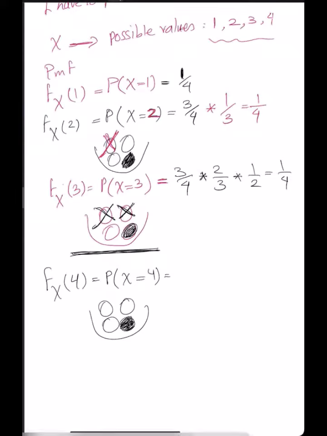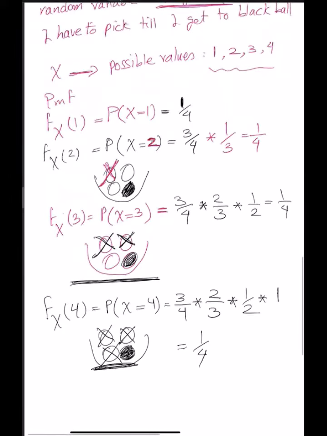What is the chance that the first one is white? 3 out of 4. Let's assume this one is out. What is the chance that the second one is white as well? 2 out of 3. This one is out as well. What is the chance that the third one is white as well? Out of these 2, 1 over 2. This is out. What is the chance that the last one is black? For sure, the last one is black. That's 1 over 4 as well.